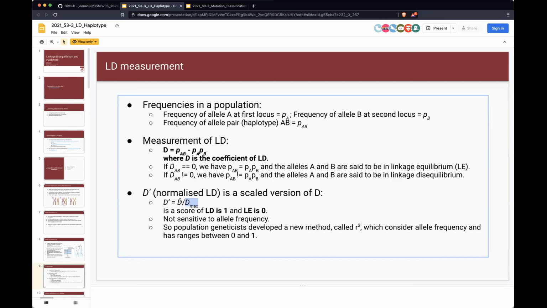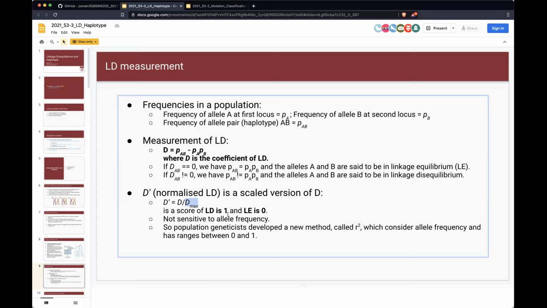Then you divide the coefficient value by it. Then you can put the values into the normalized scale, which ranges from 0 to 1, right? And if you use the normalized LD value, you are not sensitive to allele frequency, as I mentioned. Whether the allele frequency is high or low doesn't really matter, right?